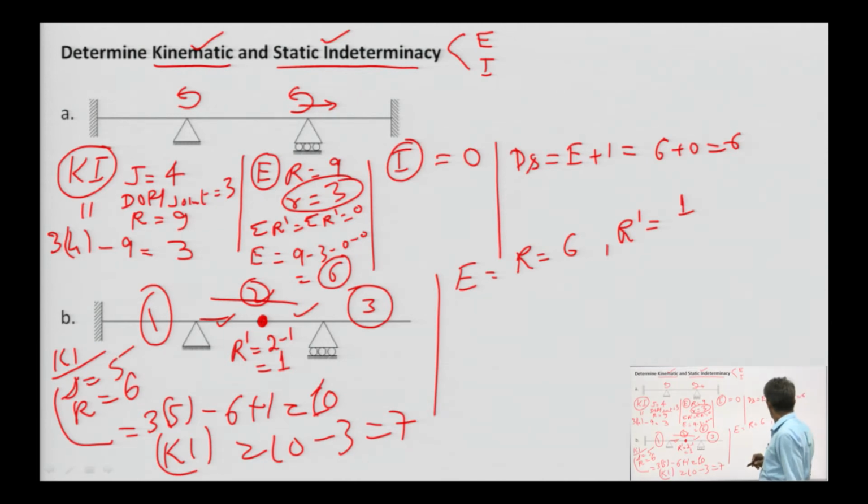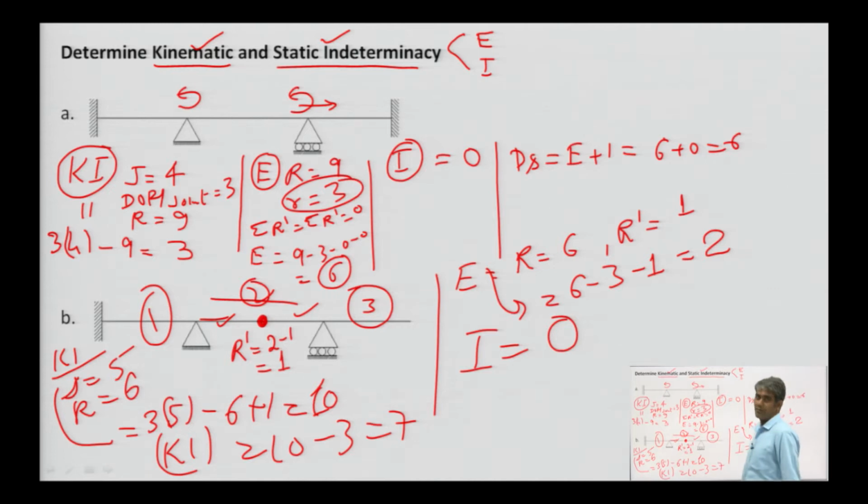So, the value of E comes to be 6 minus 3 minus 1, which is 2. And internal indeterminacy, no need to calculate, it is 0 in case of a beam.